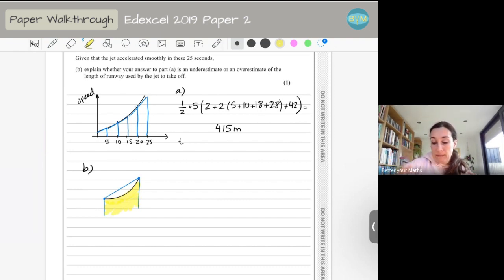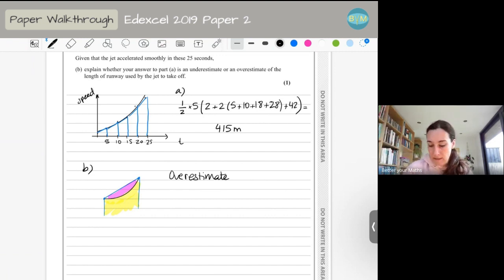If you are approximating by the trapeziums, you are really adding this bit here. Just because you are doing straight lines instead of the real curve. So your approximation is going to be an overestimate. Yeah, you are adding that pink thing. So it's an overestimate. And you can say it's because the curve is convex.